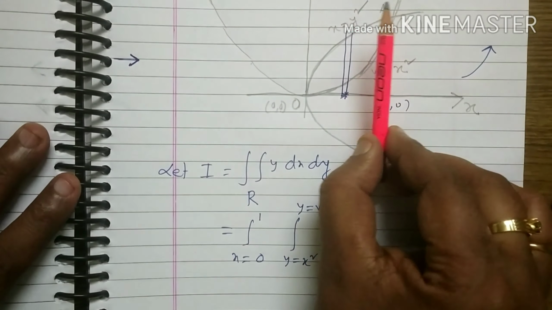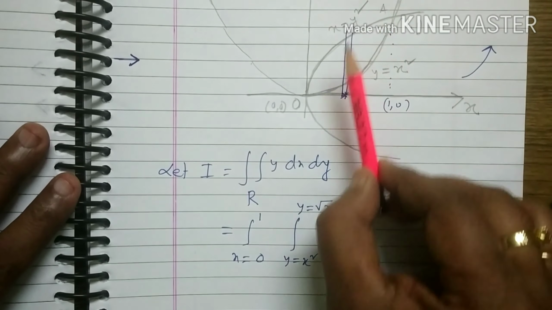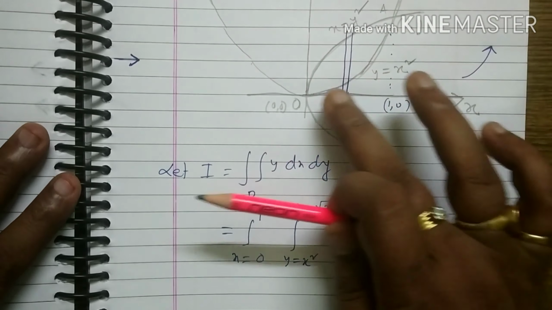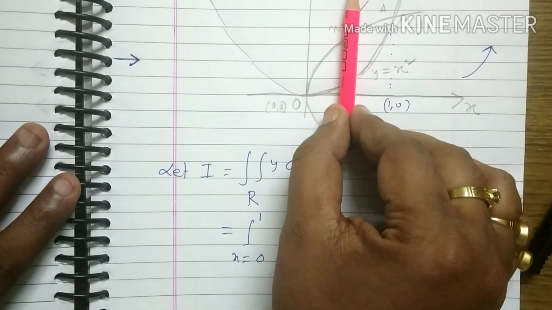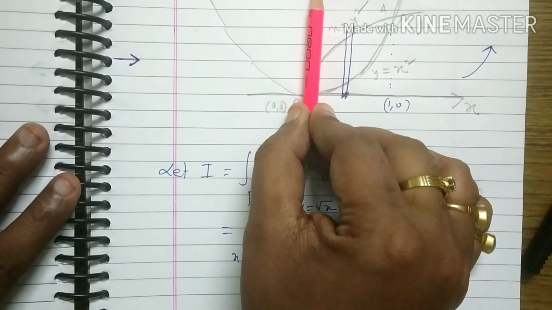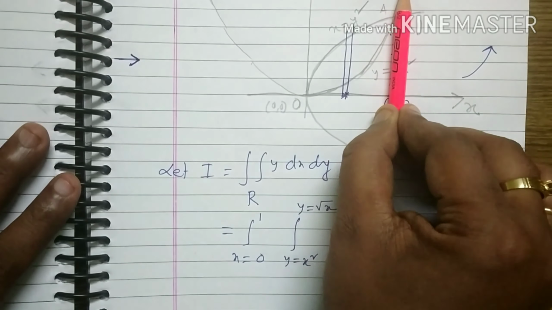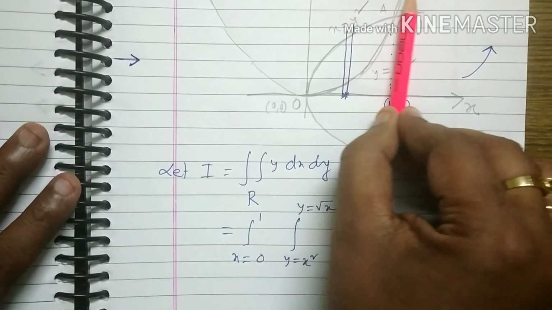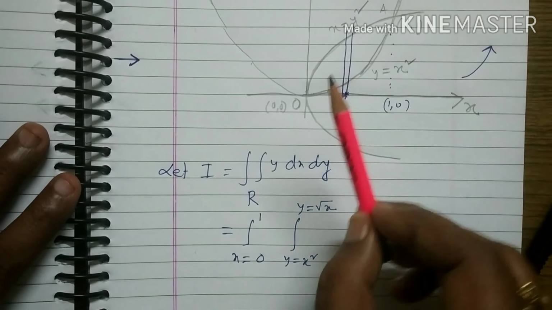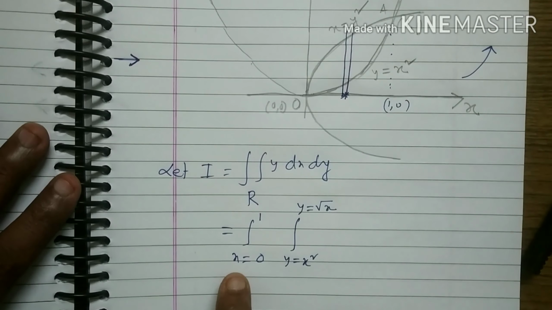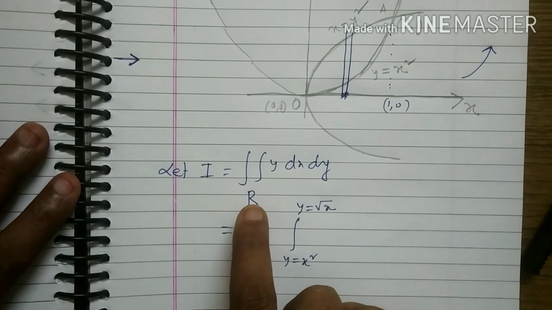Double integration is all about the painting technique. Suppose you want to color this covered area. So this strip is nothing but a color brush. Suppose you want to start from here to that place, so you can cover all area. So your brush is moving along the x-axis, so your x is moving 0 to 1. So that's why I'm writing x equals 0 to 1.